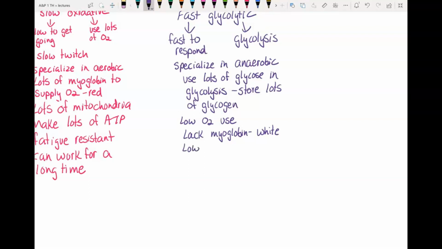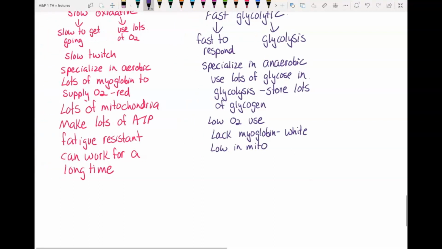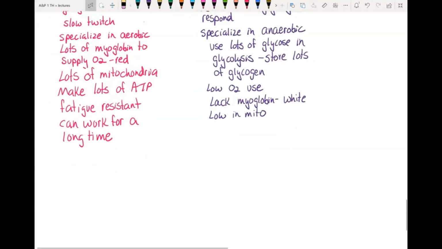So they are low in mitochondria. These fibers have quick burst of energy. So they are quick and powerful, but they fatigue quickly.